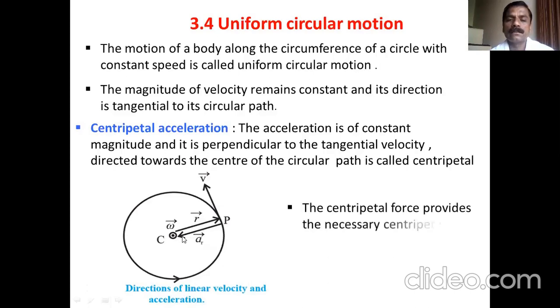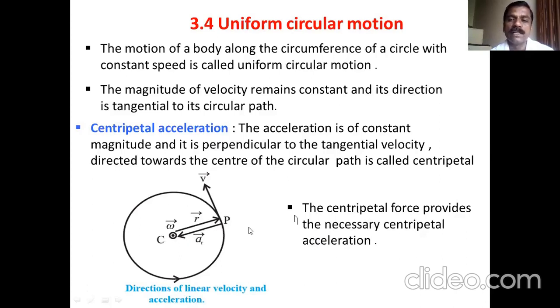This centripetal acceleration is provided by the centripetal force. So the centripetal force provides the necessary centripetal acceleration, and it also acts in the direction of the centripetal acceleration.